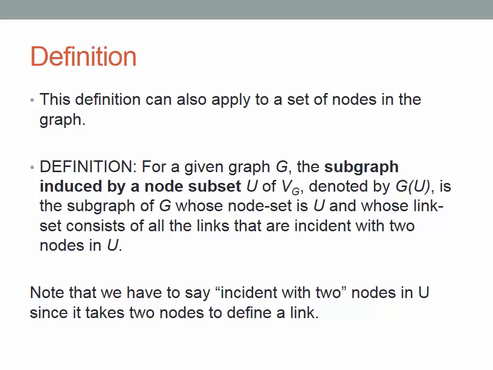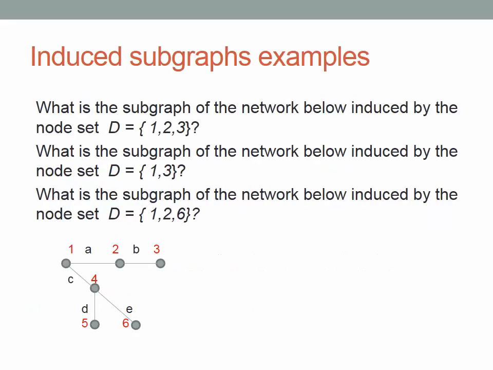The subgraph induced by node subset U is the subgraph of G, whose node set is U, and whose link set consists of all of the links that are incident with two of the nodes in U. Notice that we have to require that any link that is included in the induced subgraph has to be incident to two of the nodes in the subset U, and that's because it takes two nodes to define a link.